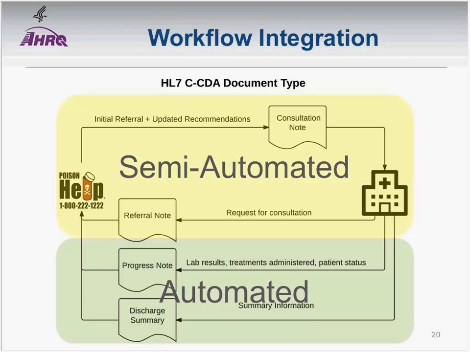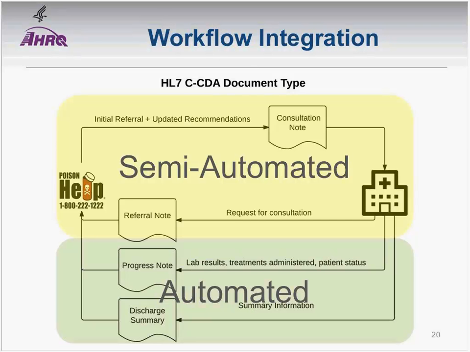The process is partially automated. The Utah Poison Control Center staff will use specialized software to create and send outgoing C-CDA consultation notes, and they'll use the same software to monitor incoming communications. The ED can request automatic poison center consultation on the basis of select coded chief complaints, but the process can also be manually triggered from within their ED tracking system, just a click.